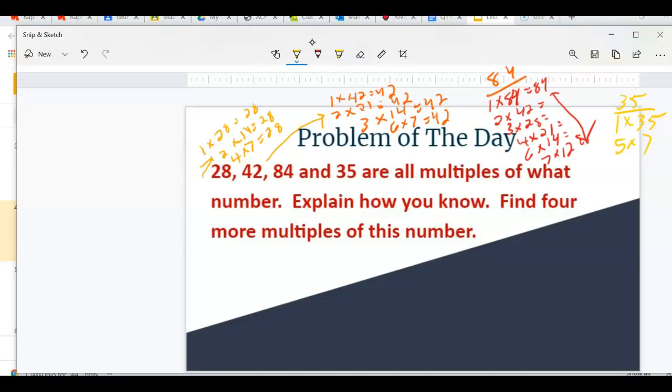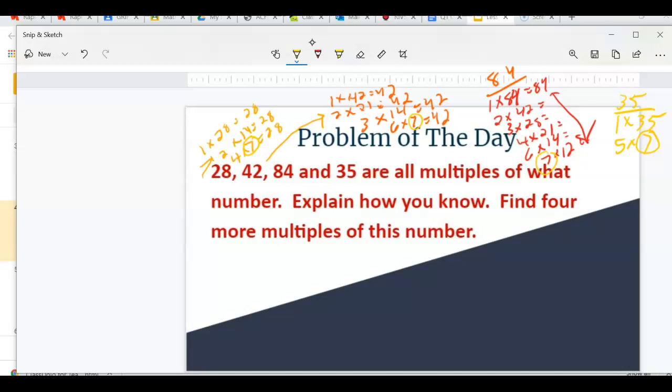We're going to figure out what number appears in all of these factor pairs. 7. 7 is in each and every one of them.